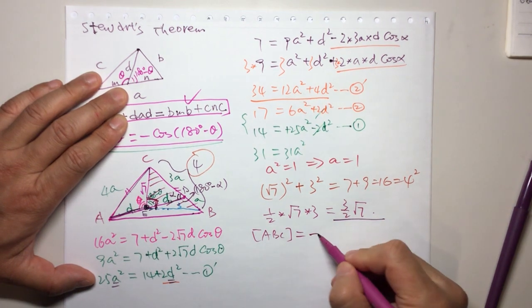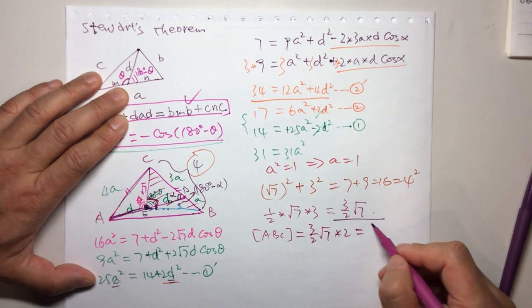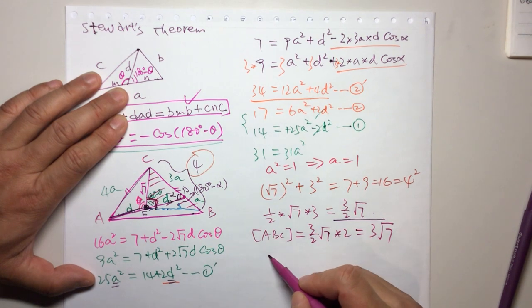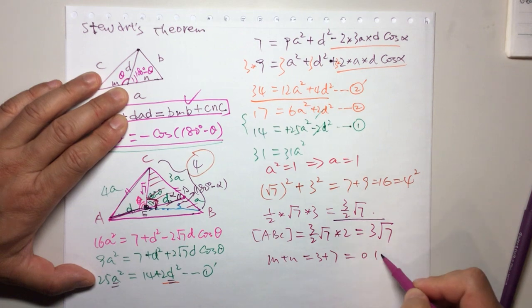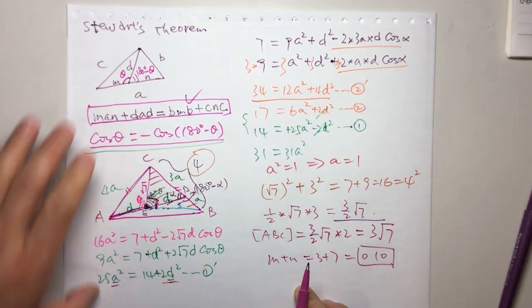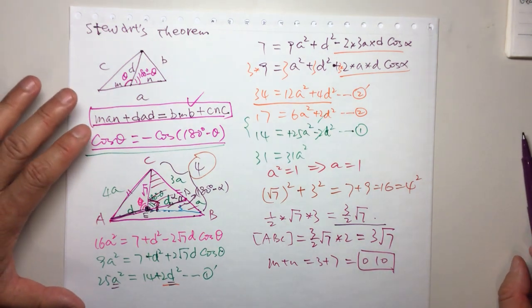So it's 3 times square root of 7. It's the same answer, right? We got m plus n is 3 plus 7, so we got 10. Okay, it's done.